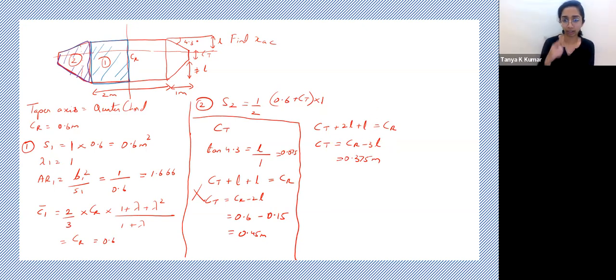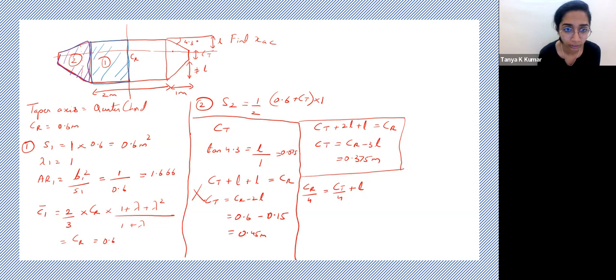So what I did when solving this is, just write that down. CR by 4 equals CT by 4 plus L. This is what I have done.